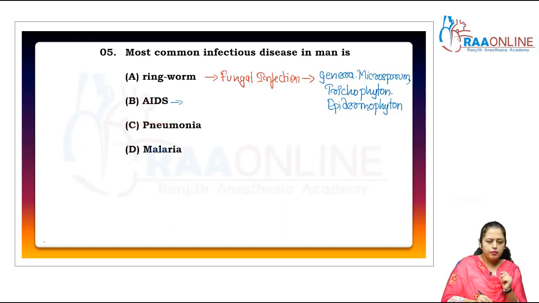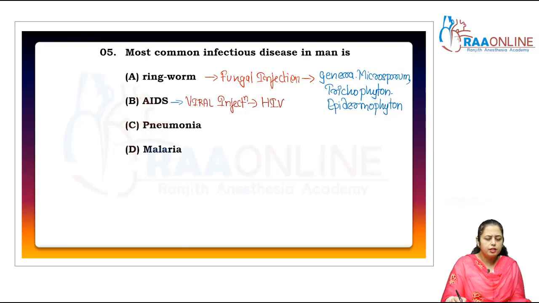AIDS is a viral infection caused by the HIV, that is human immunodeficiency virus, right? It is caused by the HIV. Actually, it's not a very common infectious disease. Why? HIV infects and destroys, causing acquired immunodeficiency syndrome.